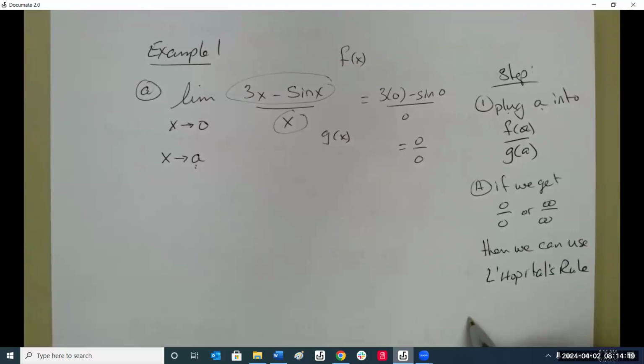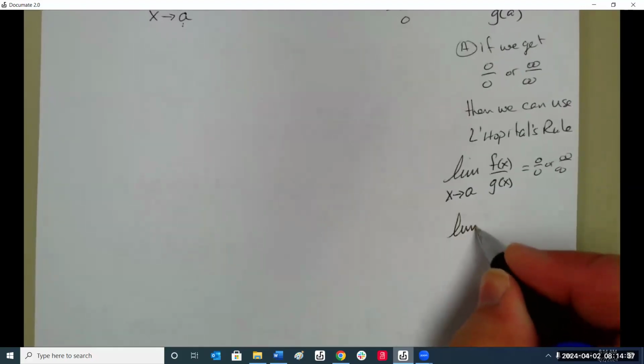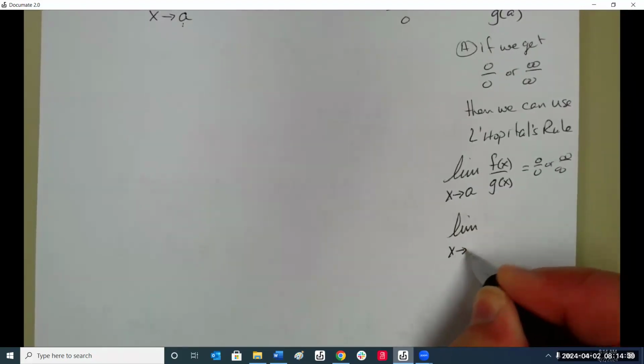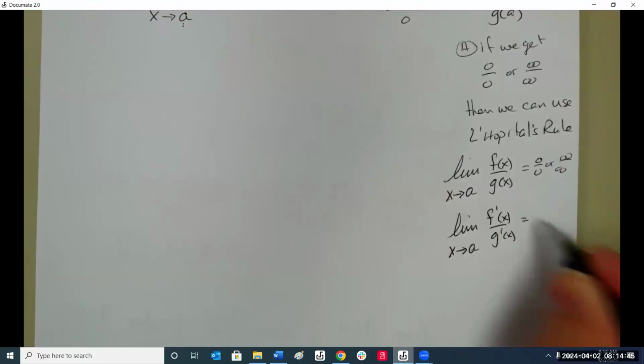Again, L'Hopital's rule is: if that gives us 0 over 0 or infinity over infinity, we take the derivative of the top and the bottom separately and try it again.